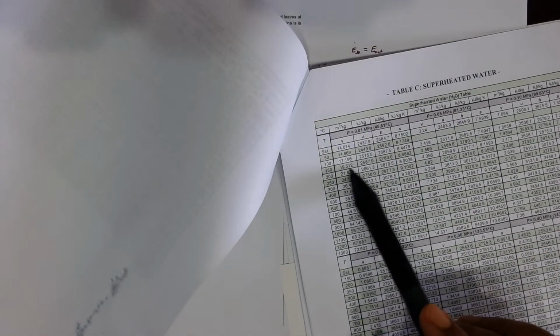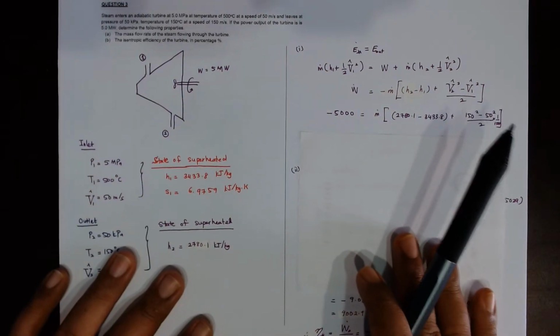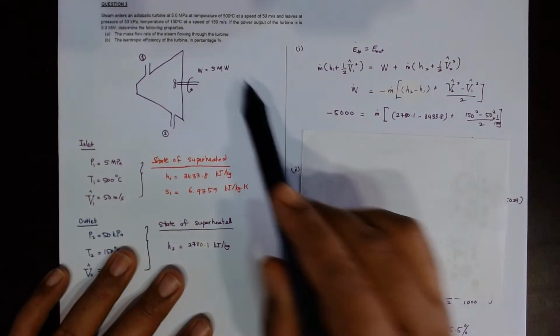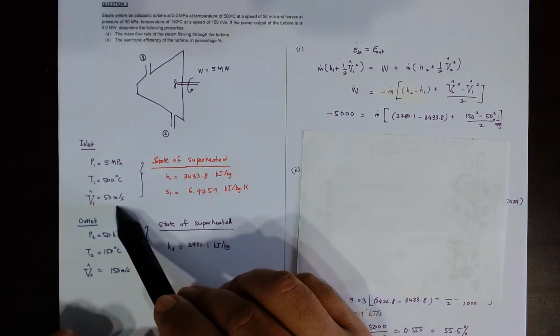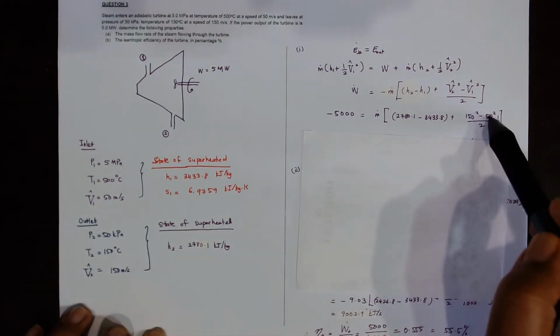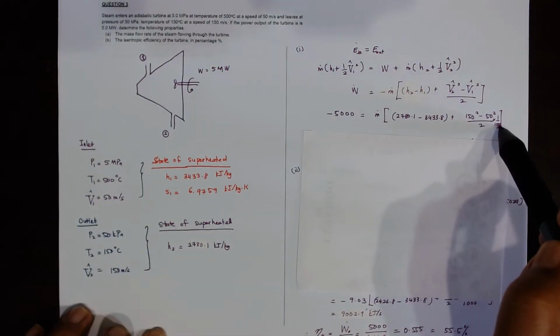So go back into this steam table. So 0.05 megapascal, 150. So h2 is 2780.1. Now we already know h1, s1, and h2, so we can insert the values. This one has to be divided by 1000.